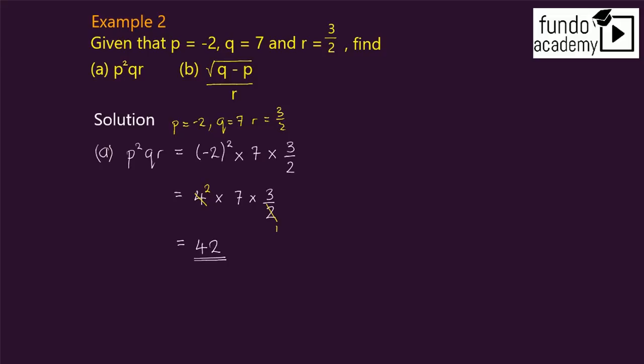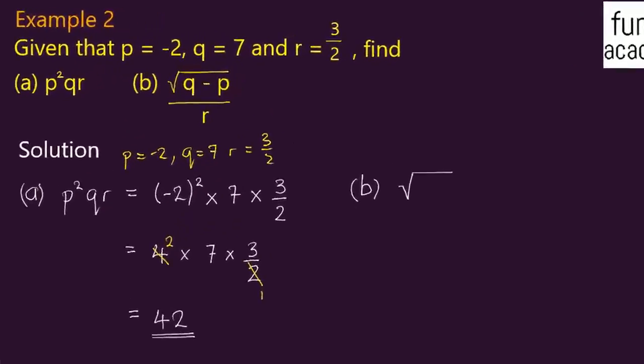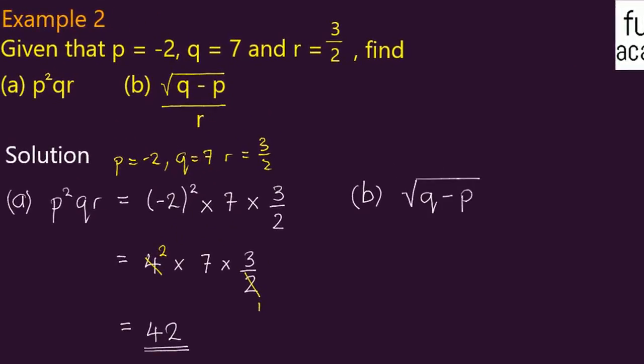And let's see what you did with B, where we have the square root of q minus p over r. Alright, so simply substituting for q, p and r, we'll be having the square root of q. Q is 7, so it's 7 minus p.